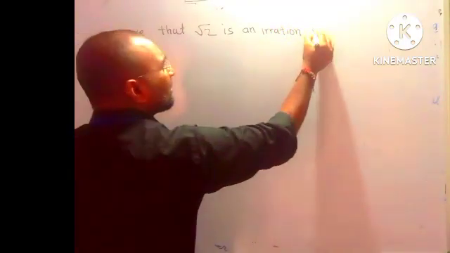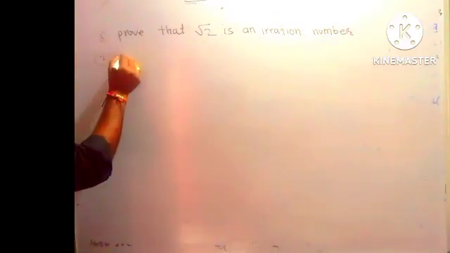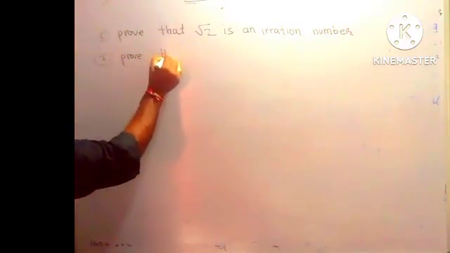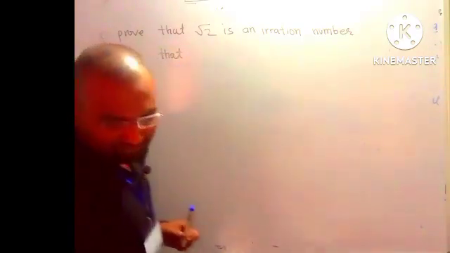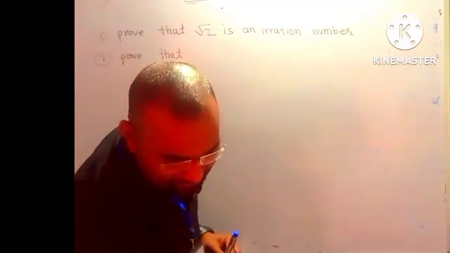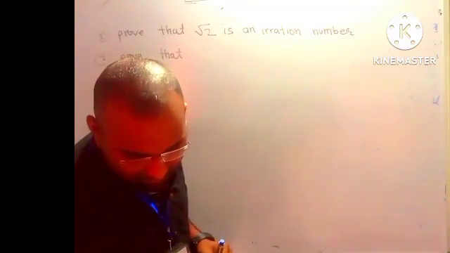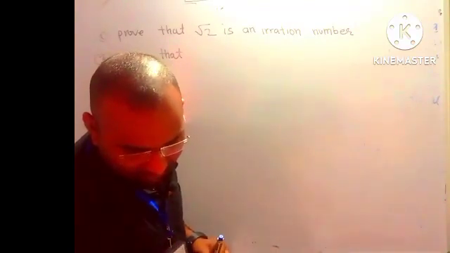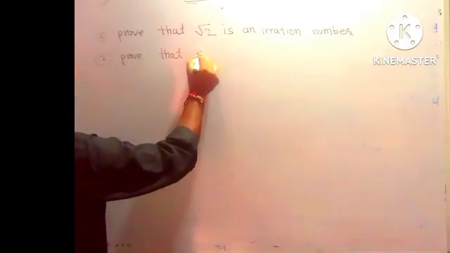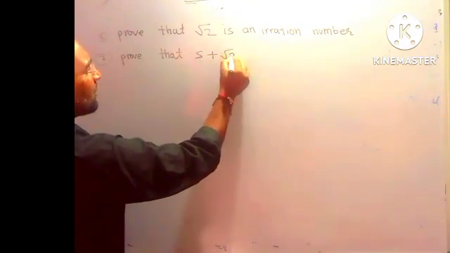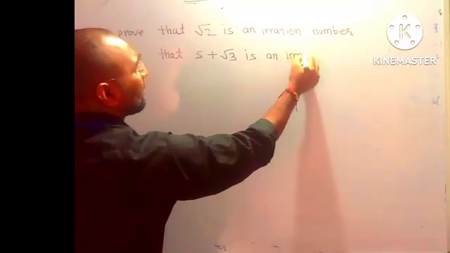Second question, prove that 5 plus root 3 is an irrational number.